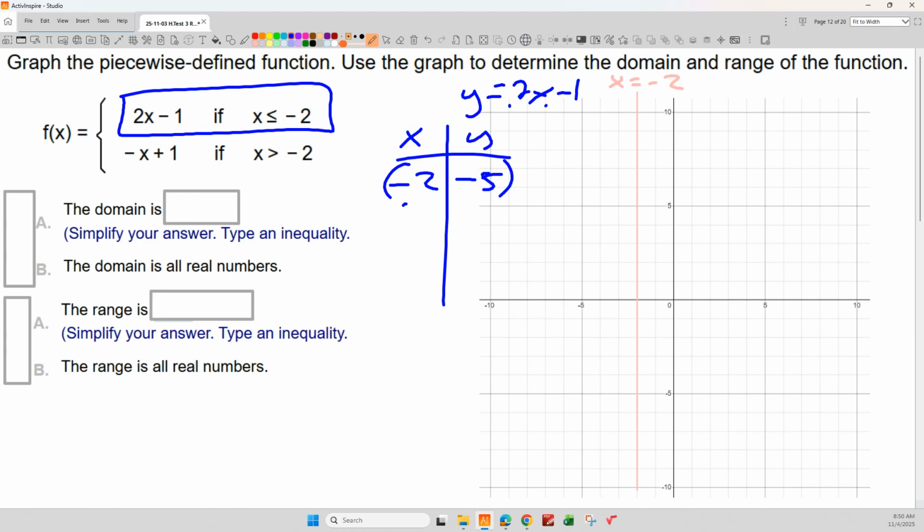Closed. Good, because I've got an equal sign. So this domain includes negative 2, so we need a closed endpoint there. And then pick another one, like negative 3. This is arbitrary, up to you. If I pick negative 3, what do I get? Negative 7, yeah. So negative 3, negative 7.